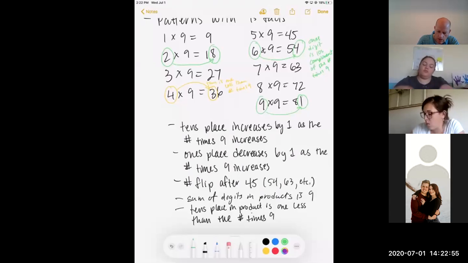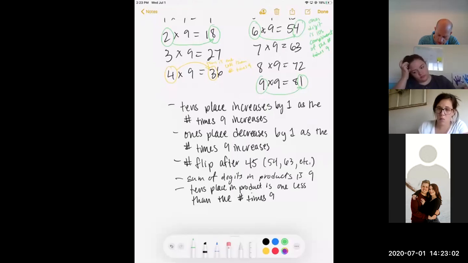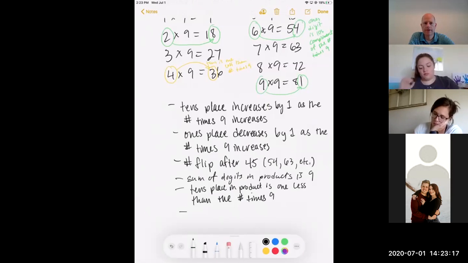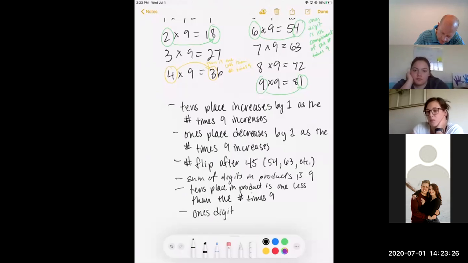Okay. So with all of those things that you guys have said, these patterns can help students calculate or find the answer to something times 9. It's good to know a lot of ways to think about this because your favorite way might not work for some people. And you want to think about other ways too. Okay, so the ones digit is the tens complement.